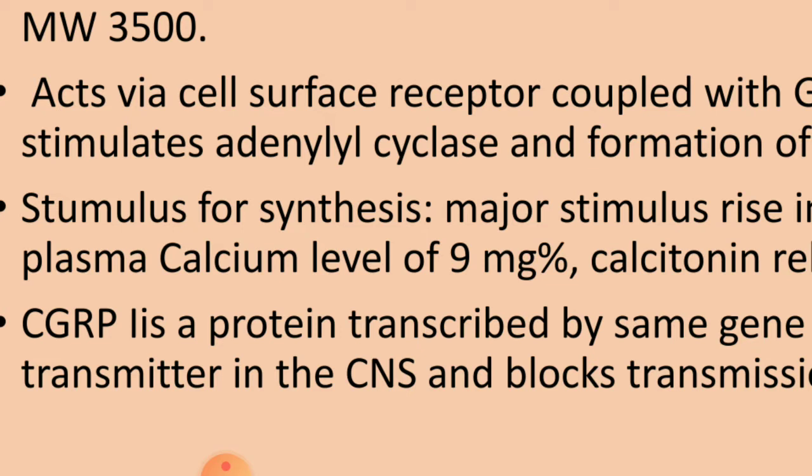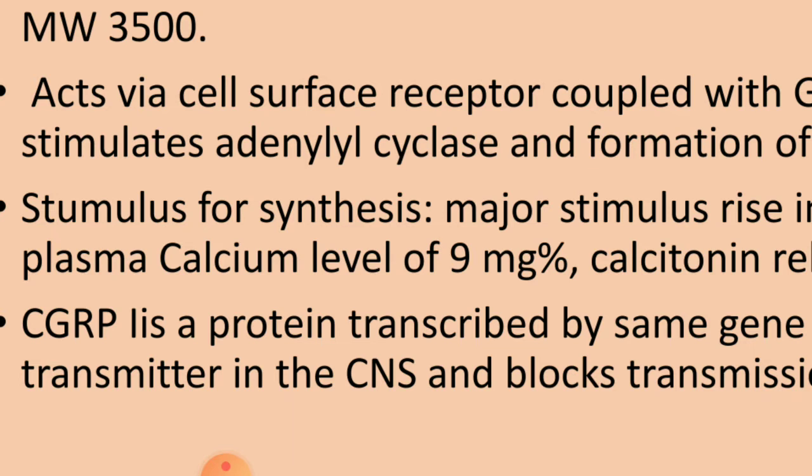So it is called calcitonin gene related protein, and both of these substances, calcitonin and CGRP, act as co-transmitters in the central nervous system, and they somehow help to block pain transmission. So in different intractable pain related situations, like in pain of malignancy or different chronic types of pain, it is often tried to be tackled with CGRP along with calcitonin.